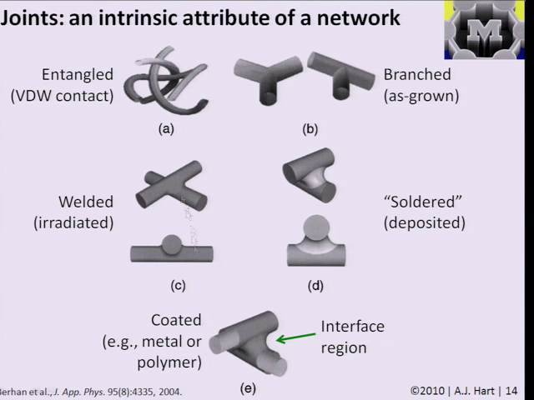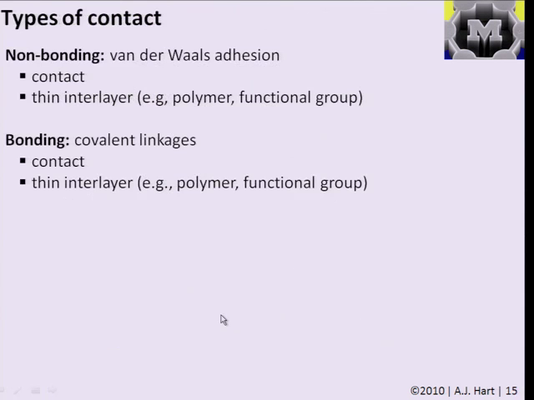So the nature of the contact between a pair of structures is going to have a lot to do with the characteristics of transport between them. And whether we're making composites or, for example, depositing thin films on our network of structures, these issues are very important and determine what the final properties are.